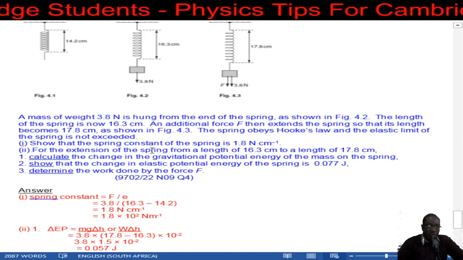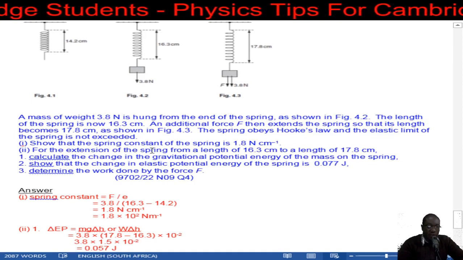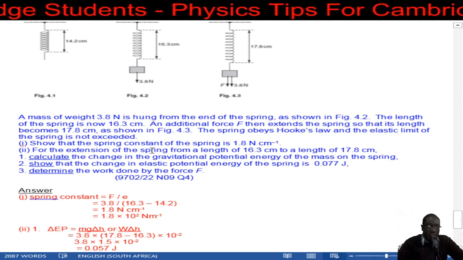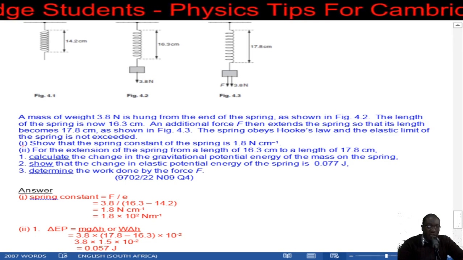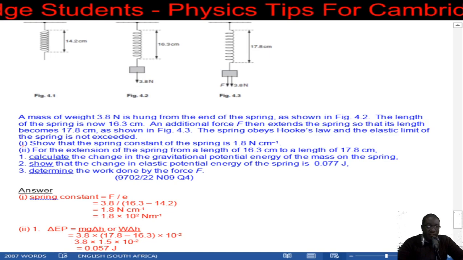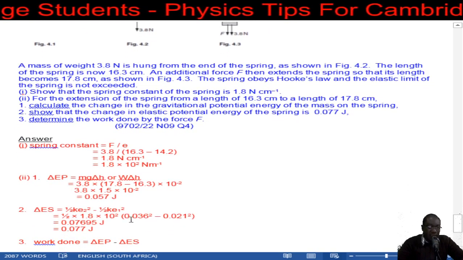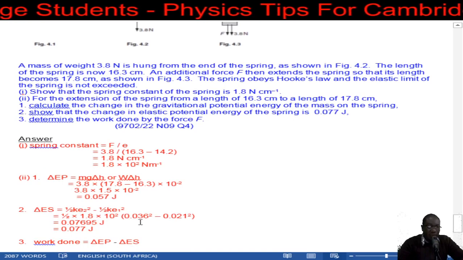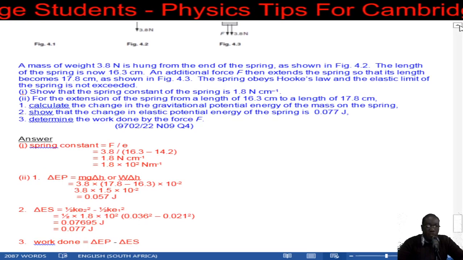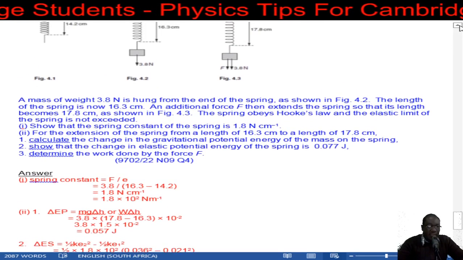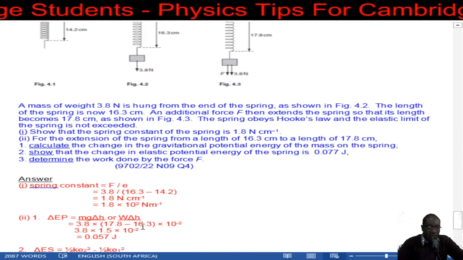So we remember we said half ke squared is our elastic potential energy. So the change in the elastic potential energy is going to be half of k times the extension. That's 17.8 minus 14.2, and that gives you the extension there.